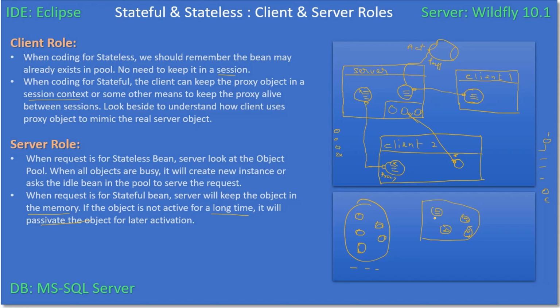So we can say this is for client 1, this is for client 2, this is for client 3, this is for client 4. But in a stateless session bean, all are the same. There is no difference between these bean objects, since it doesn't maintain any state. That means this bean can serve any client request, but this one is specific to a specific client. That's where object timeout, activation, and passivation come into the picture.